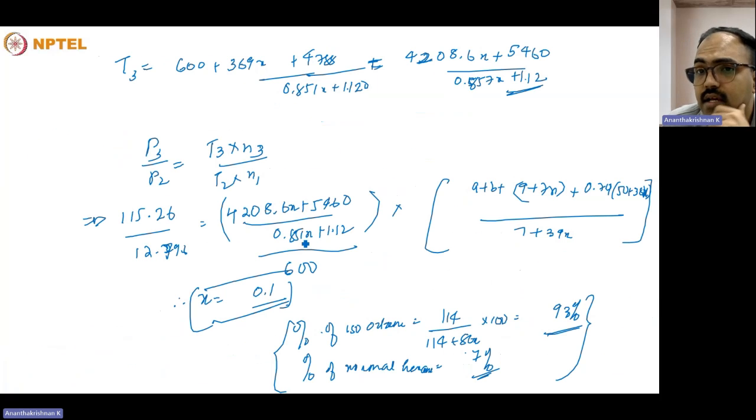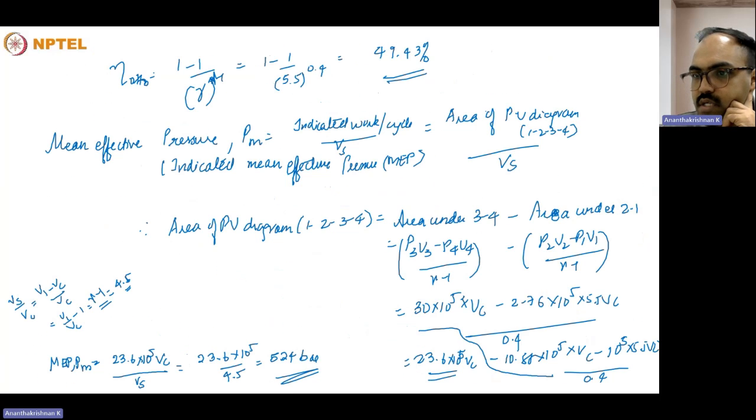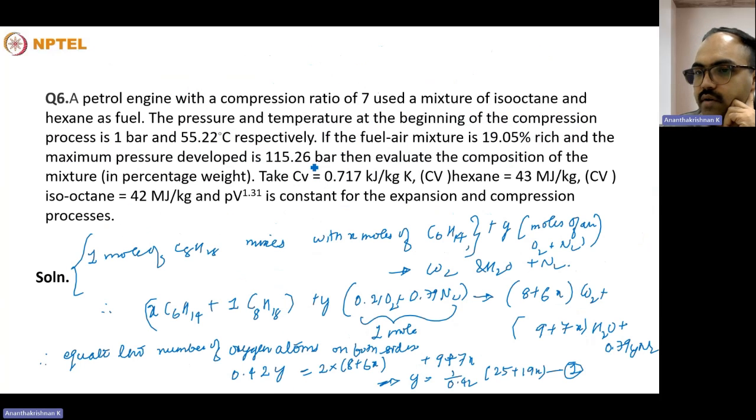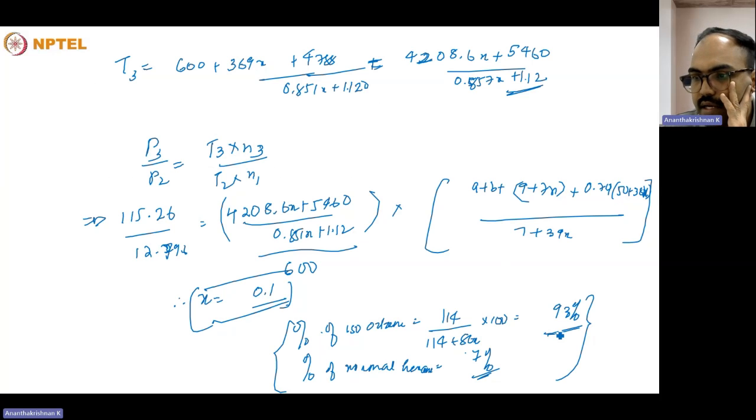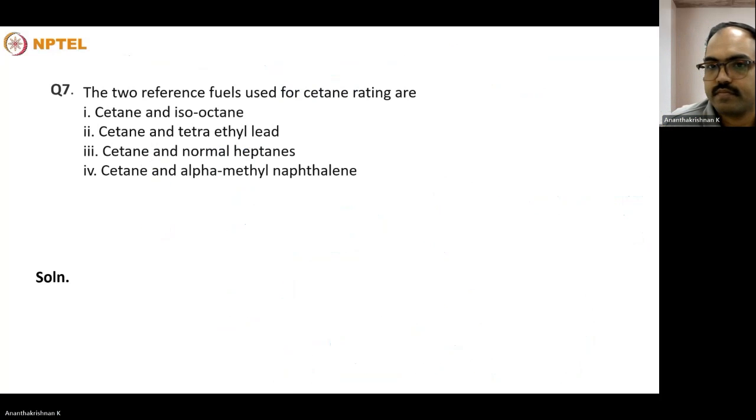From there we get the temperature of state point 3 after the heat addition, and one more external equation is required to determine the value of x, which is provided by the constraint in the problem, the maximum pressure developed, that is 115.26. To close the equations, we get 93% iso-octane and 7% normal hexane.